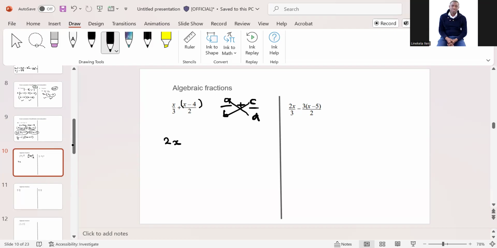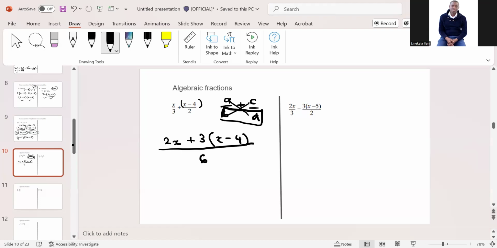So 3 times this will give us 3 on the outside, and then 3x minus 4. So I've done that. This is just for the numerator. That cross multiplication is for the numerator. And then for the denominator, we just do the b times d. So that's the numerator done. Now the denominator will just be 3 times 2, which is 6.